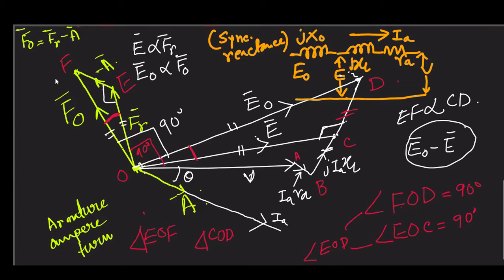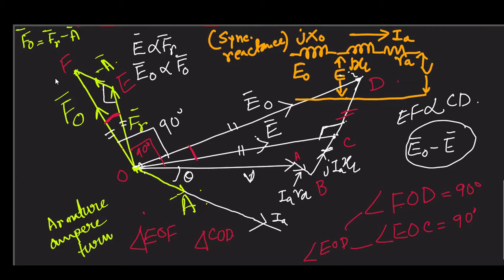So once we understand that CD and EF are proportional in magnitude, then using the geometry of this construction, we further realize that CD and BC, these two vectors, are collinear. Now BC, being the voltage drop across your leakage reactance, is bound to be perpendicular to your current IA.